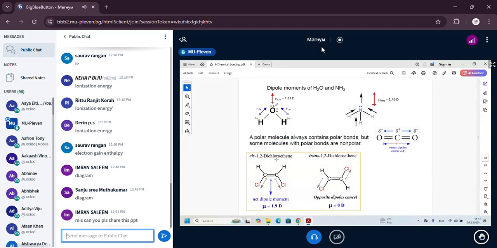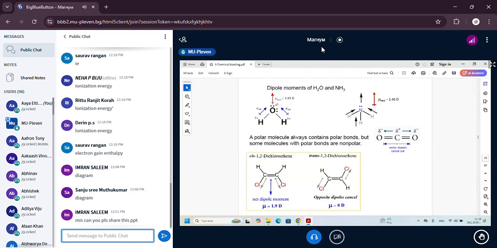This is the structure of cis-1,2-dichloroethene. And this is the structural formula of the trans isomer of this compound, 1,2-dichloroethene.